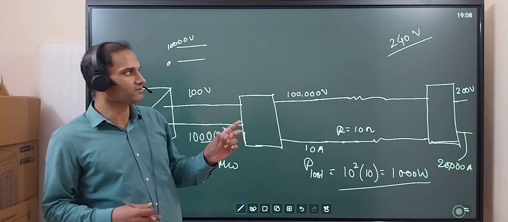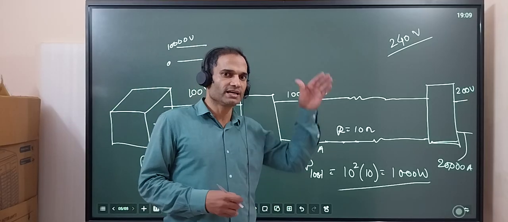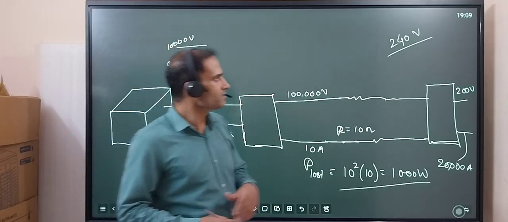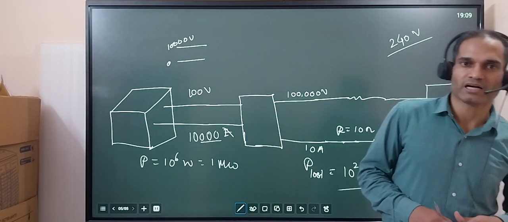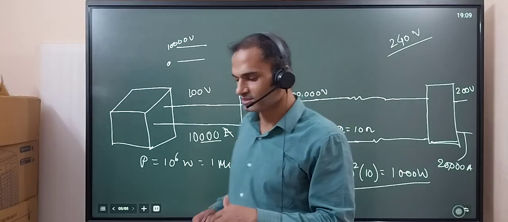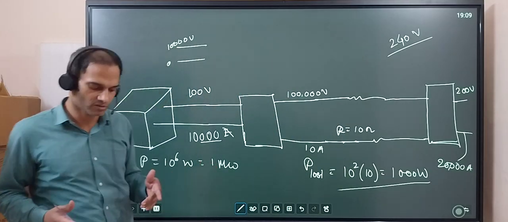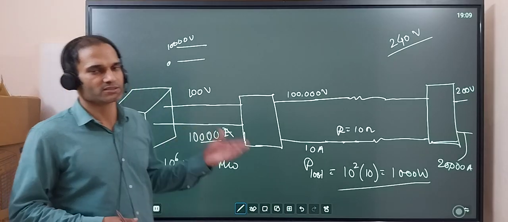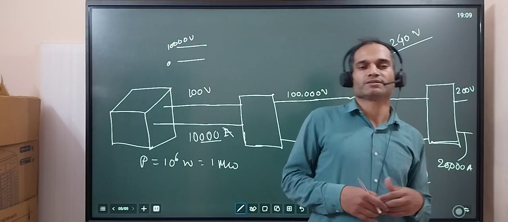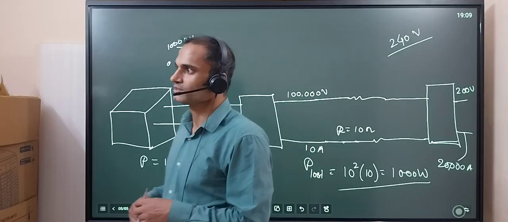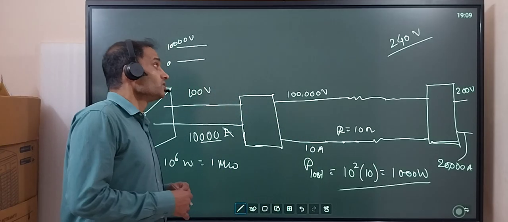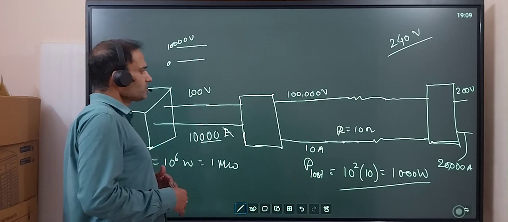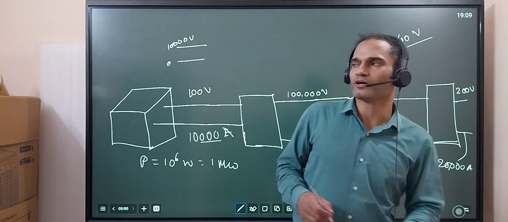In the adapter there is a transformer that reduces the voltage. Apart from reducing voltage, that adapter also converts AC into DC. That part we will study in basic electronics.